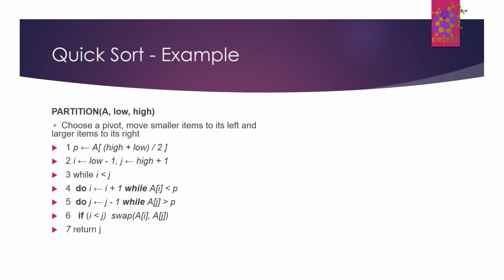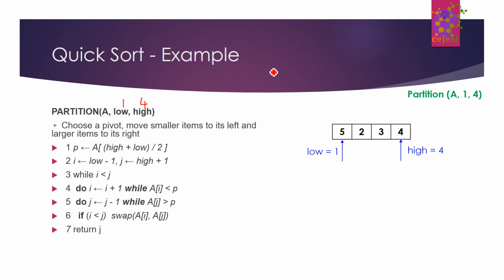When we come to partition A 1 4, notice how the array looks to partition. Low is 1 and high is 4, which means we are only concerned with the sub array 5 2 3 4 here. We are not concerned with the other part of the array. As always we go to step 1, where we get the middle element.